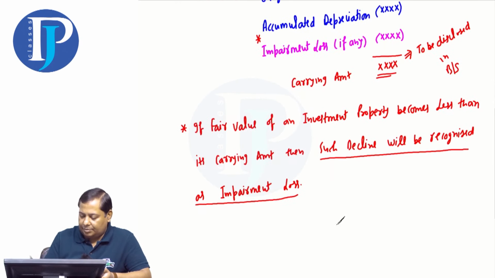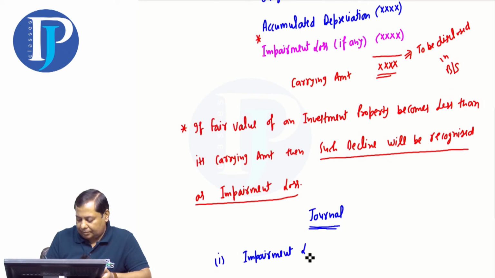Now let's pass its journal entries. Pass the first entry. Impairment loss account debit.